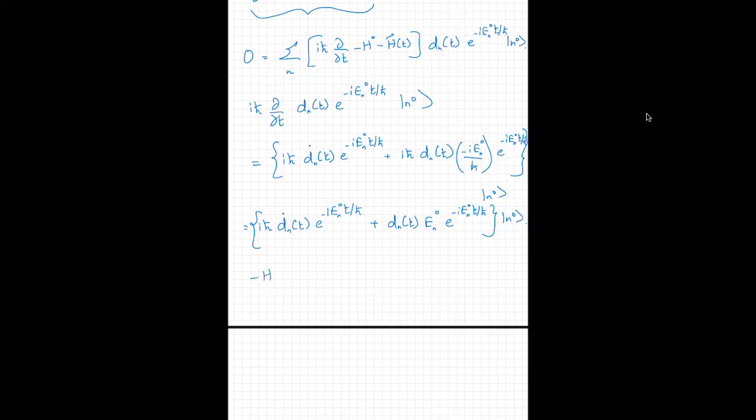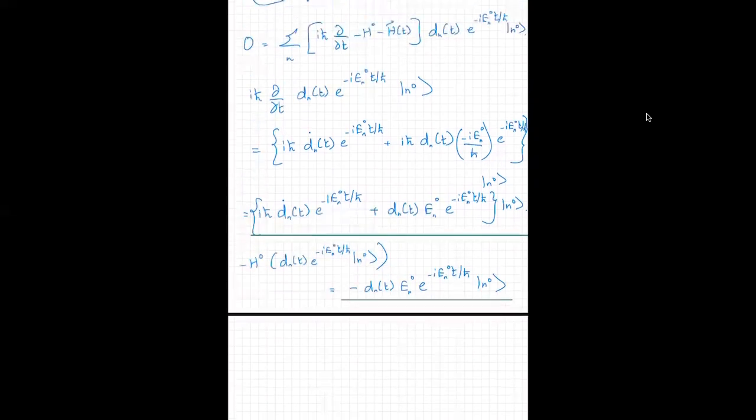So, okay, let me underline this equation. So I'll just add all the underlined equations. The second part is minus H0 acting on d_n(t) e^(-iE_n0 t/ħ) |n0⟩. And you know that H0 acting on |n0⟩ is just E_n0 |n0⟩, the eigenvalue equation. So this is equal to minus d_n(t) E_n0 e^(-iE_n0 t/ħ) |n0⟩. That is my second piece.